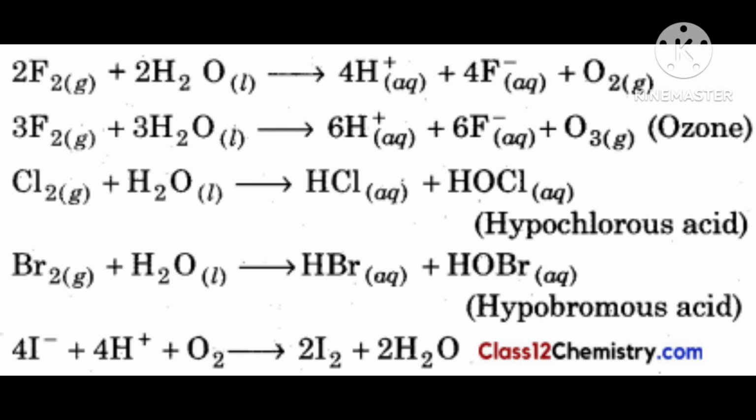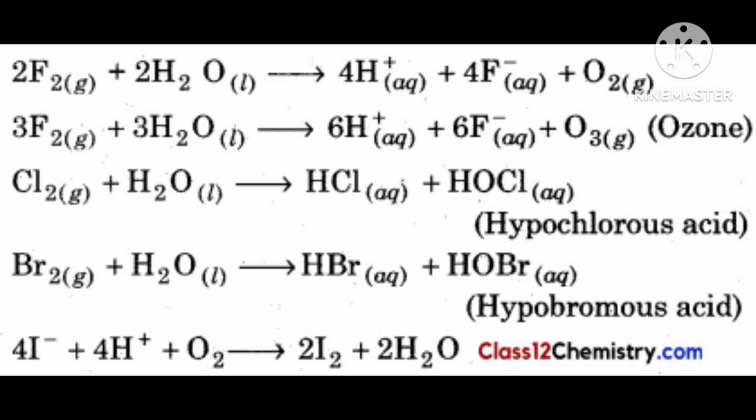Generally, if the Ka value is more, the acid is stronger. But with pK, it is the reverse case: the more the value, the weaker the acid. Don't confuse Ka and pK values.